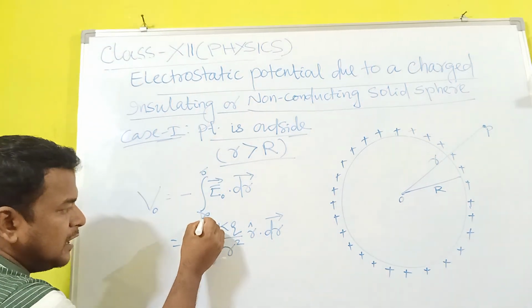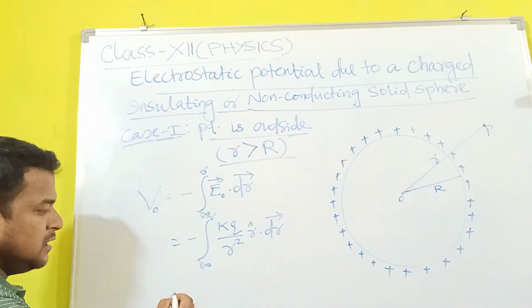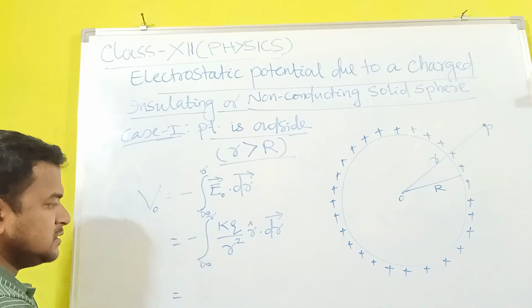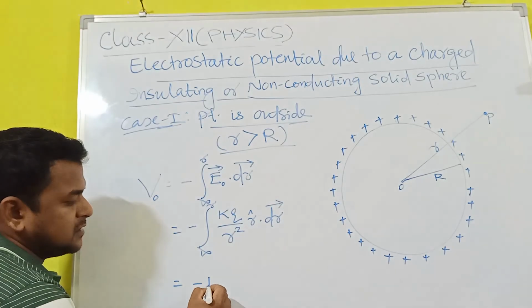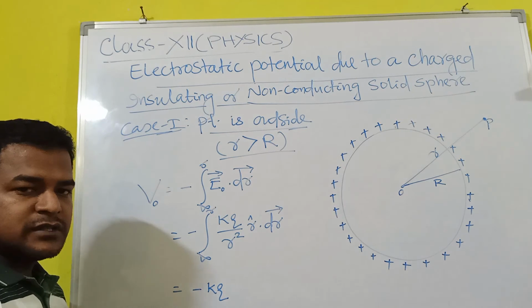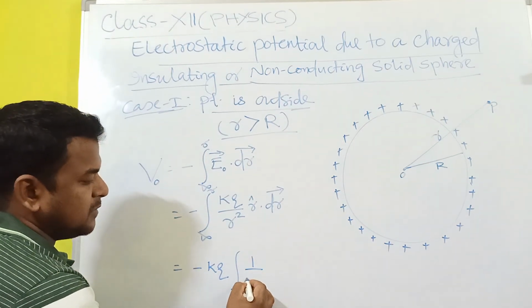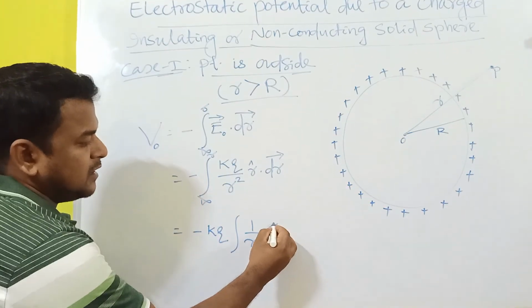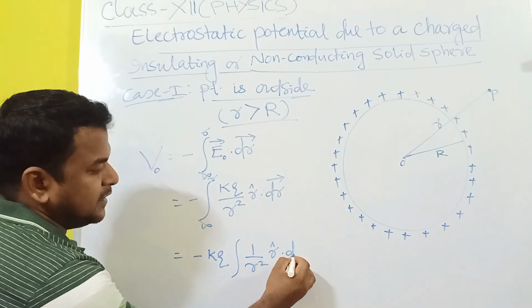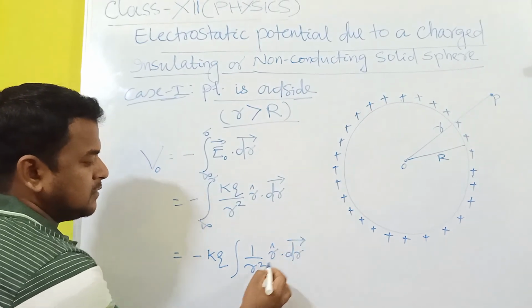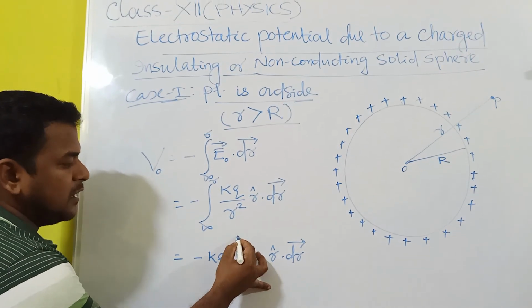Taking kQ outside the integration, it is minus kQ times the integral of 1 upon r square r cap dot dr vector from infinity to r.